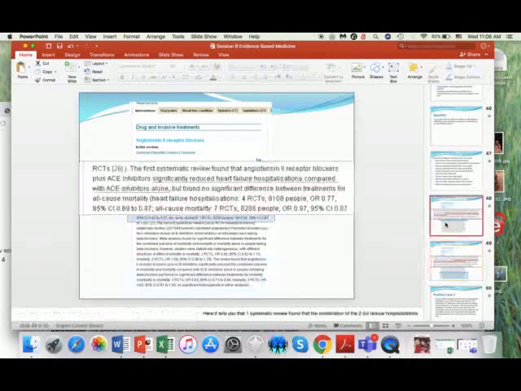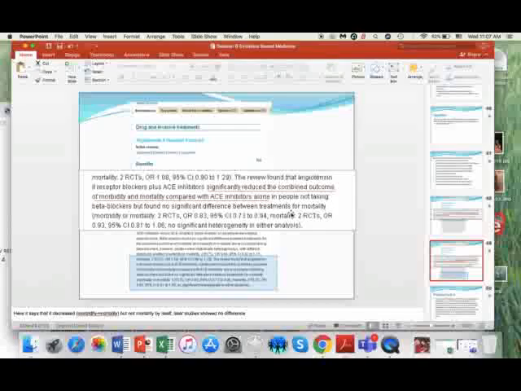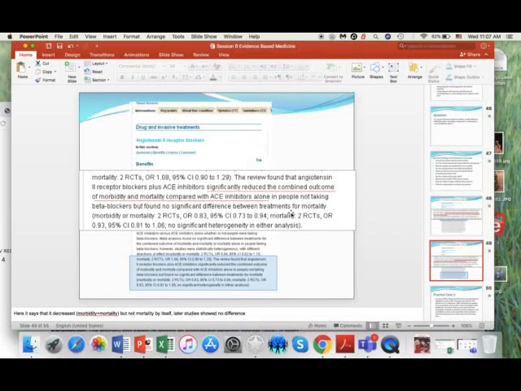So it decreased heart failure hospitalizations, and it decreased the number of people with morbidity or mortality problems from heart failure, but it didn't find any significant difference when you just look at mortality. Does adding an ARB decrease mortality, or does it increase life expectancy?